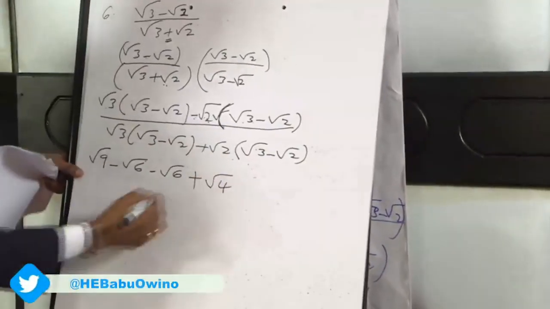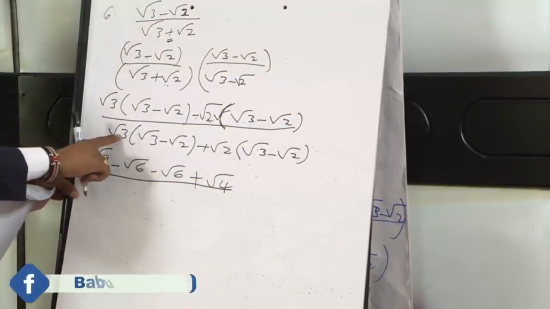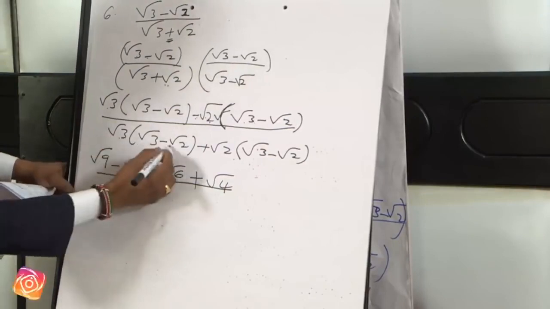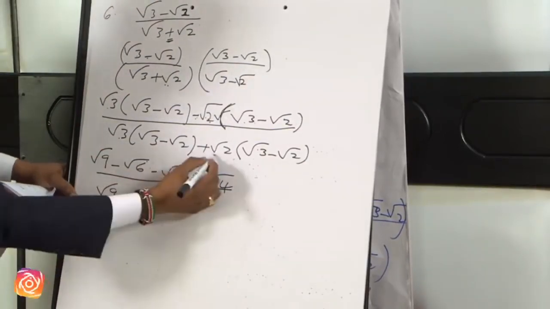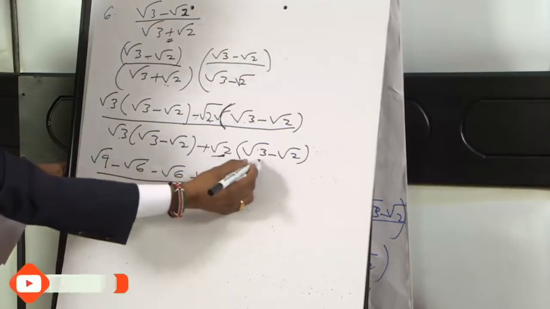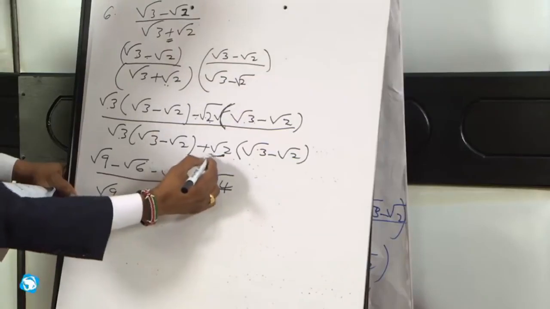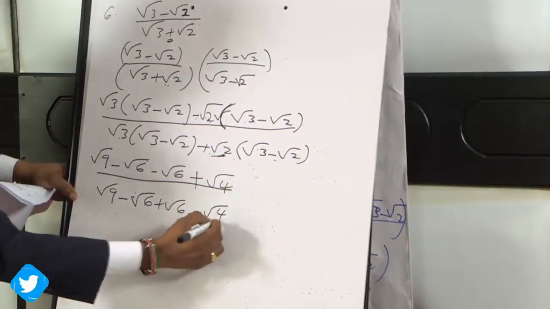In the denominator, root 3 times root 3 is root 9, root 3 times minus root 2 is minus root 6, root 2 times root 3 is plus root 6, then root 2 times minus root 2 is minus root 4.